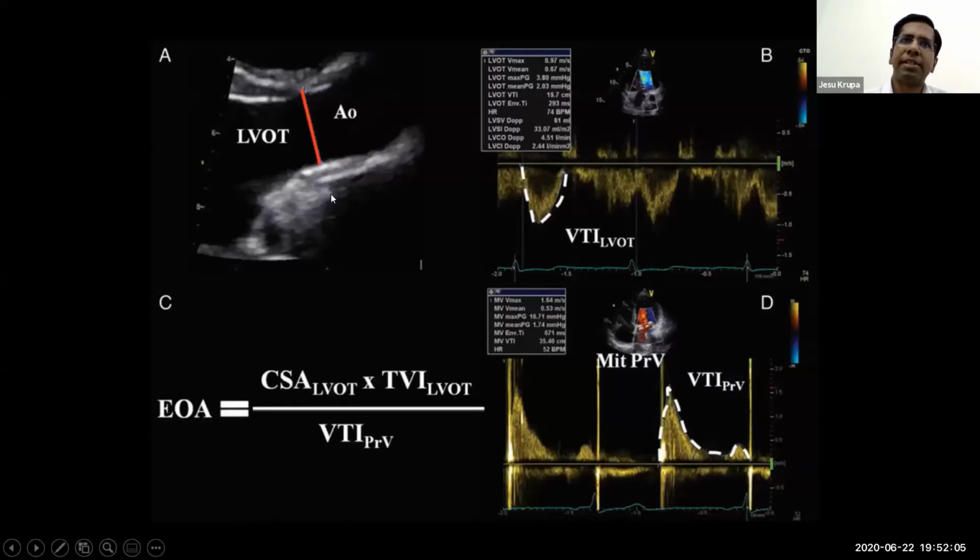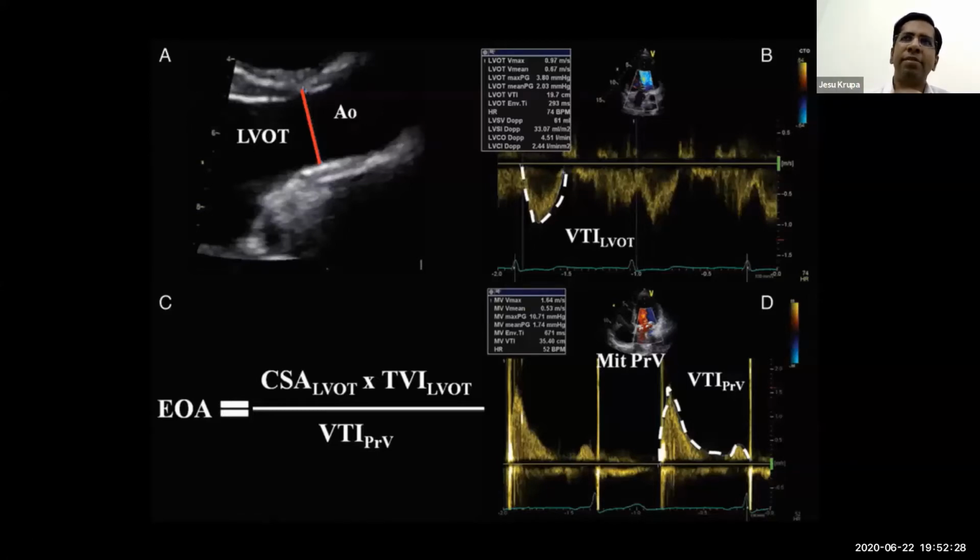Now this second thing would be the effective orifice area. So this is how it is calculated. Like for the aortic valve, the first step is to take the LVOT annulus or the aortic annulus. I'll come to it once again because that is extremely important. It kind of defines the standard of the echo that we do.